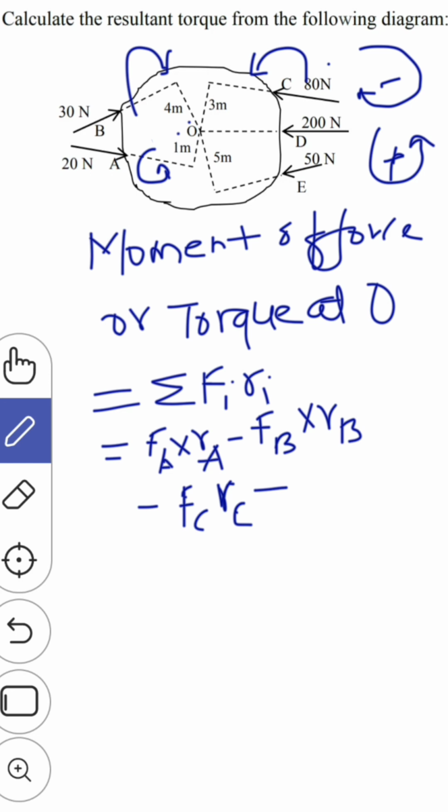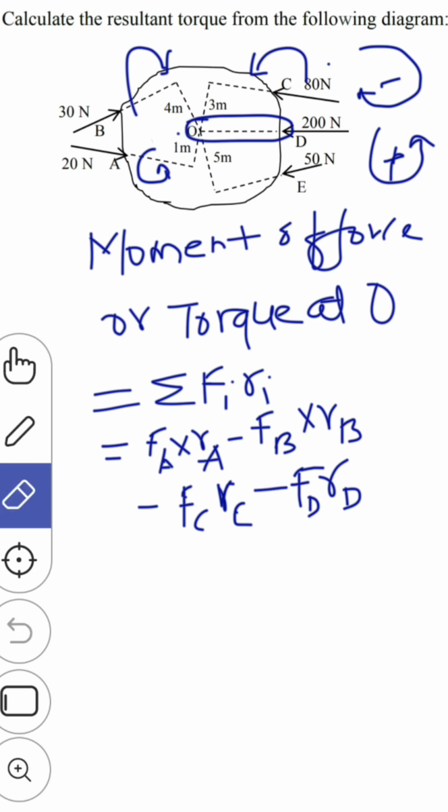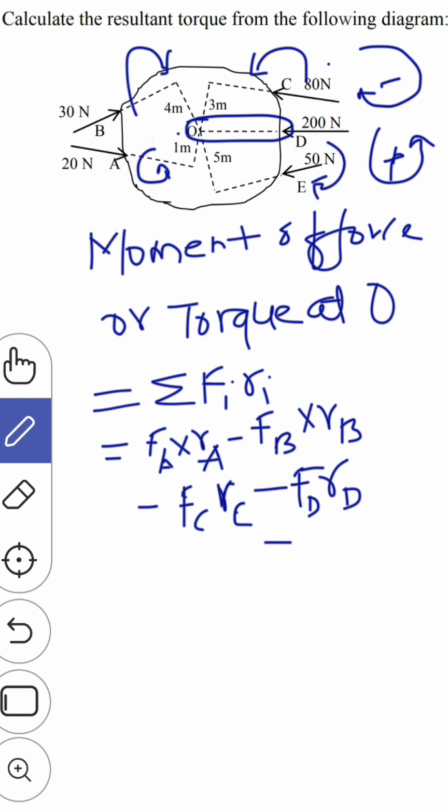So there is no perpendicular distance between the axis of rotation and force D. The distance is 0, but still I will write FD and RD. For this you can take any sign; it will not make any effect, because at last it will be 0. Now it will be minus, that is FE. This force will make the clockwise moment, so FE RE.